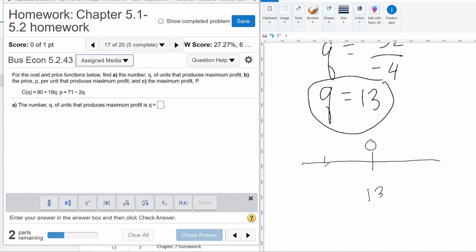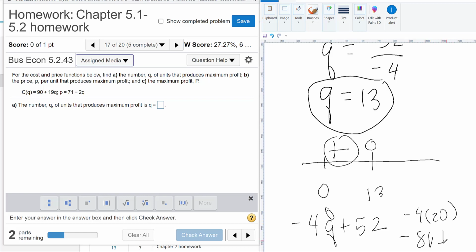So check a point to the left, negative 4Q plus 52 is going to be positive over here, because if you put a 0 here, you're going to get 52. And if you put something bigger than 13, say I put a 20, that's going to be negative 4 times 20. That's going to be a negative 80 plus 52. So it's going to be minus here. So the original function was climbing and then falling. So yes, you've got a maximum there.